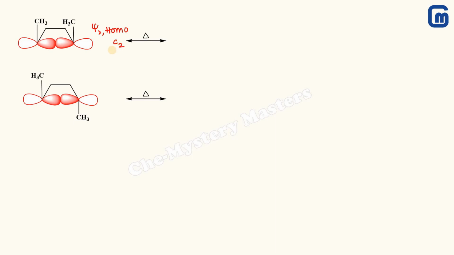So in the molecule also you require C2 symmetry, so that you will obtain this C2 type of arrangement. So for that we have to rotate the molecule in such a way that the two lobes go in opposite directions to each other.